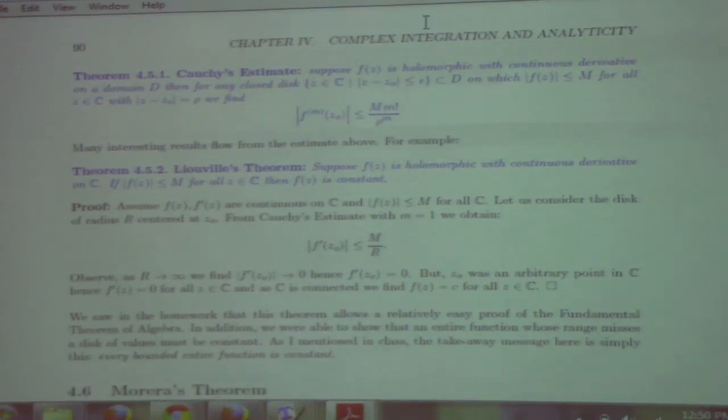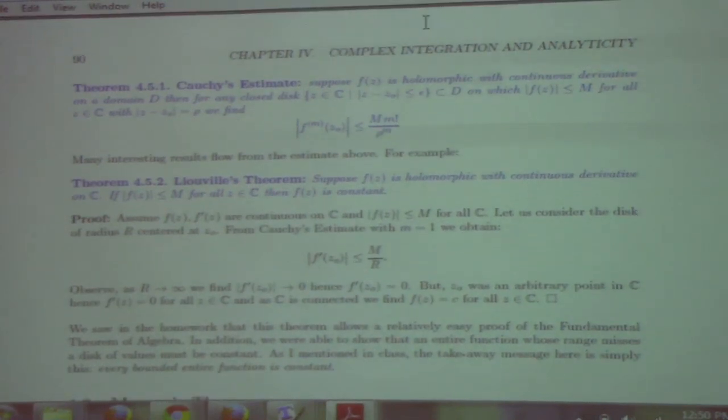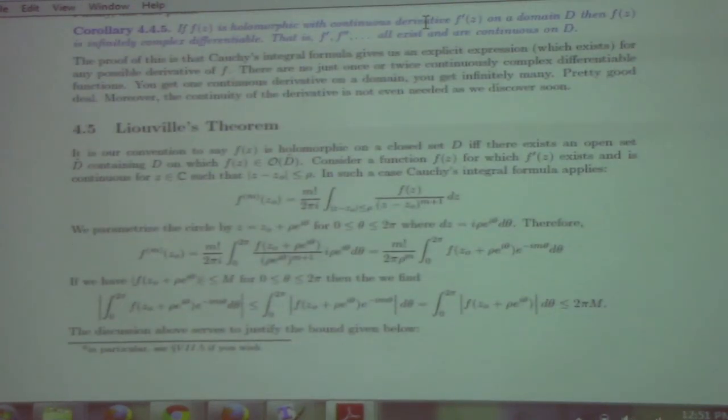Now, some of you copied my solution to the fundamental theorem of algebra proof from last year, where we used Liouville's theorem to prove that if there was no zero of a complex polynomial, you get a contradiction. Basically, the argument was if there was a zero of p of z, then 1 over p of z has a divergence.